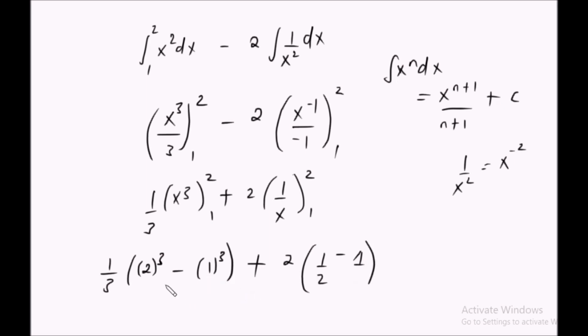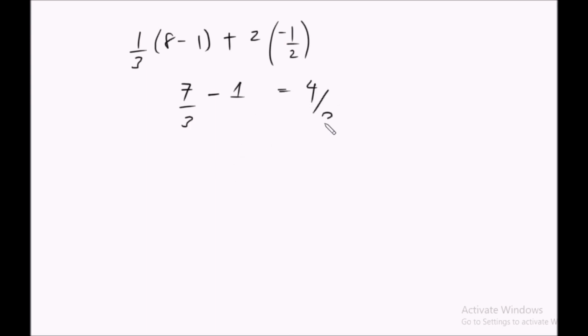So this now becomes 1 over 3, 2 cube manake ni 8 minus 1, plus 2, 1 over 2 minus 1 ni negative 1 over 2. So this one becomes now 8 minus 1 is 7, 7 over 3 minus 1. So the final answer now is 4/3.